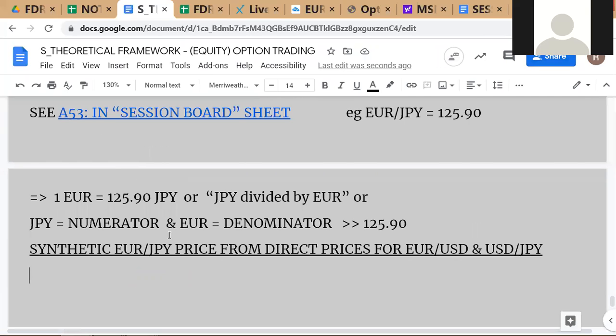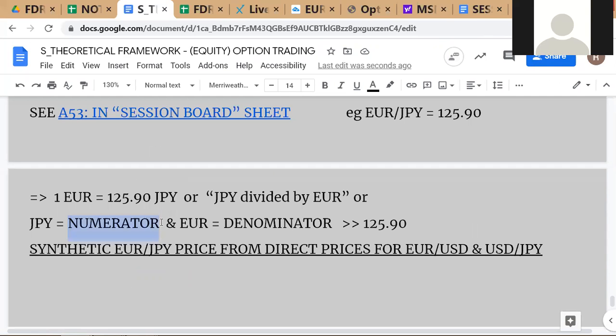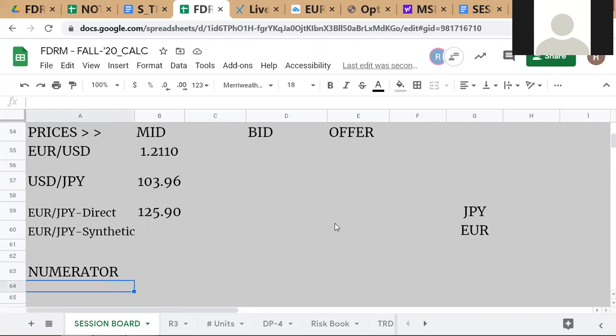I'm writing it like this now so that everybody understands what I'm doing. Use the coloring. Numerator and denominator. Now we know what we're doing.